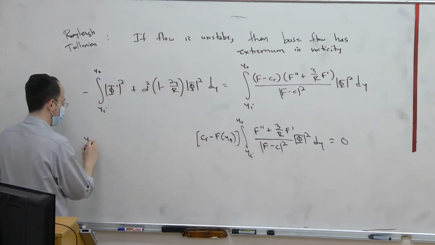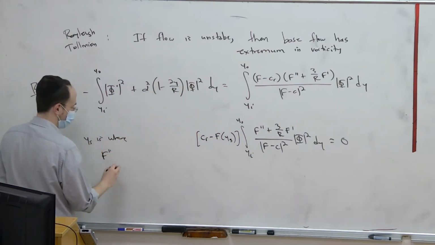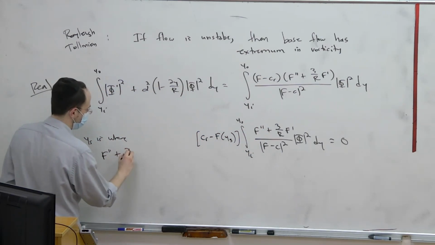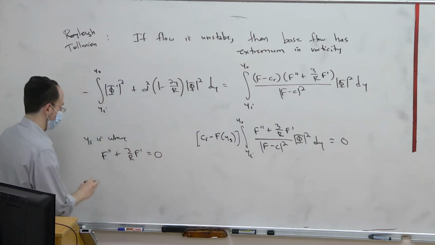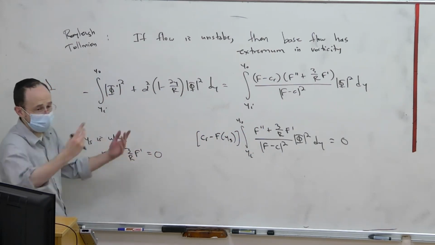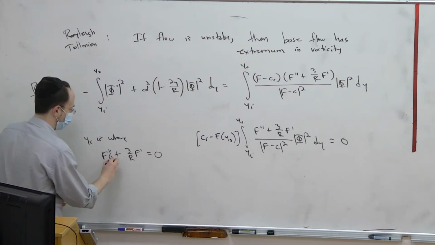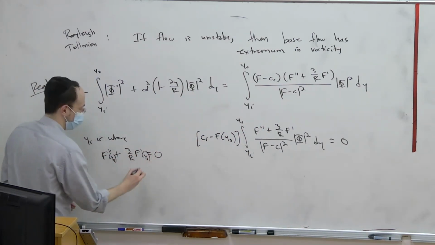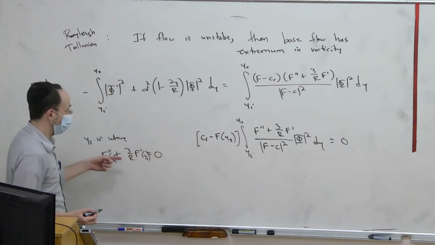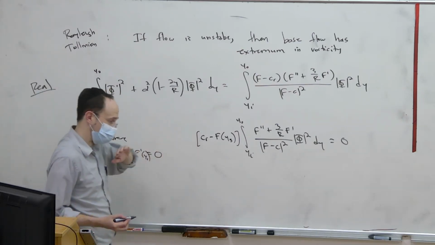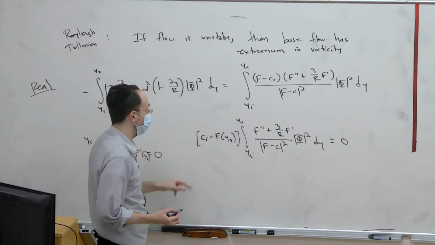So ys is where f double prime plus 3 over r f prime equals 0. We said it had to be true for some y, so let's call that ys. In other words, if I put ys in here, that's when it's true. So it's just a number. f of ys is just a number, and ys is just a number somewhere in this domain between yi and yo.